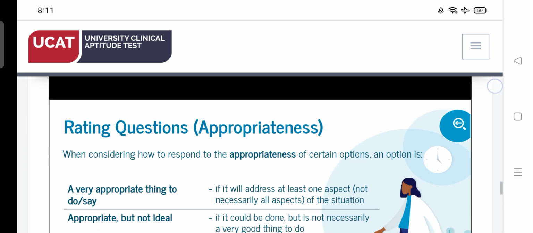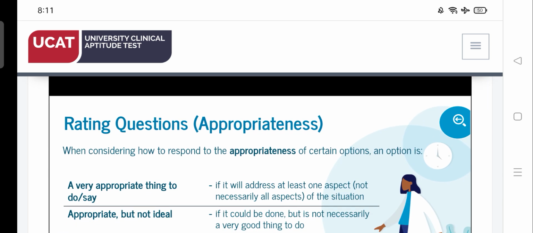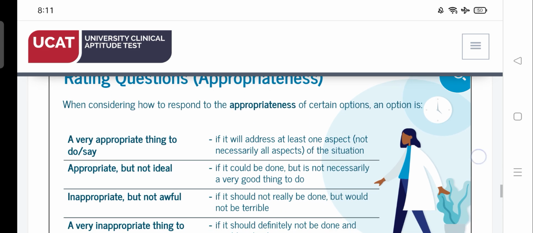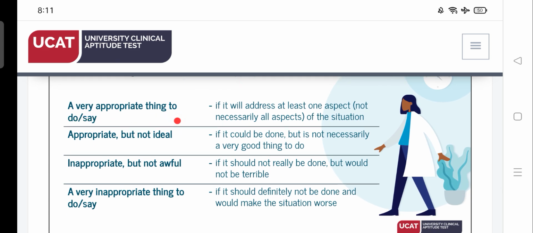Next we have rating questions on appropriateness. A very appropriate thing to do or say if it will address at least one aspect, not necessarily all aspects, of the situation. Appropriate but not ideal, if it could be done, but it's not necessarily a very good thing to do.